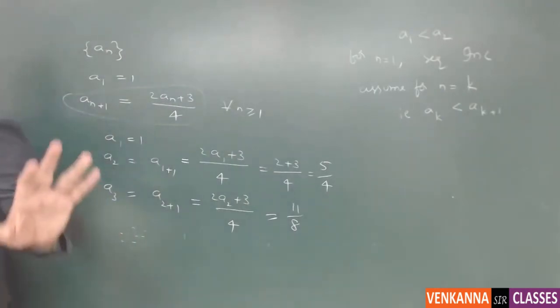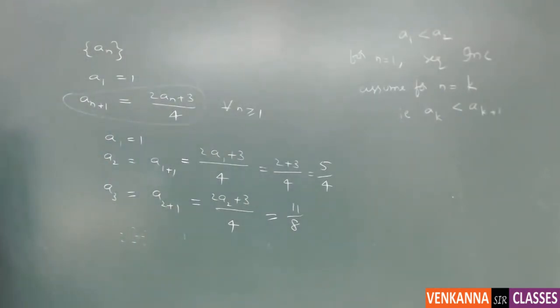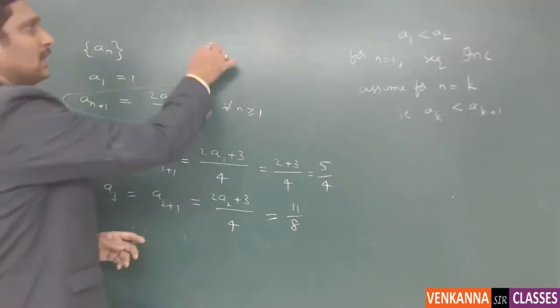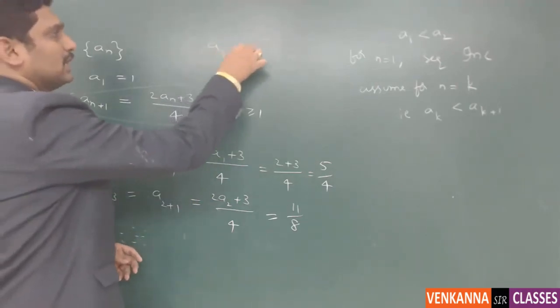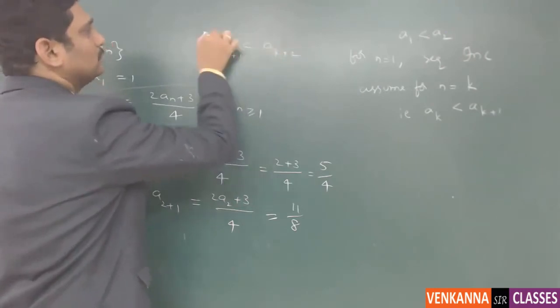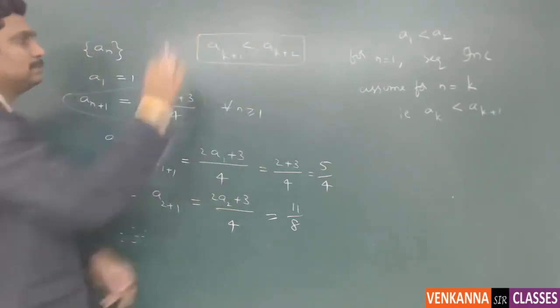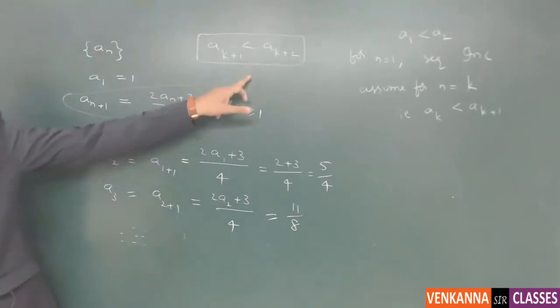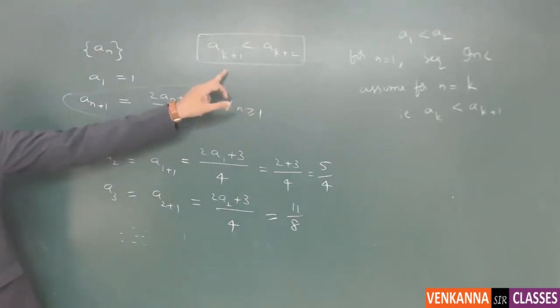I have assumed the induction step. Now I have to prove the result is true for k plus 1. It means that I have to prove that a(k+1) is less than a(k+2). This is my objective. I need to show this.